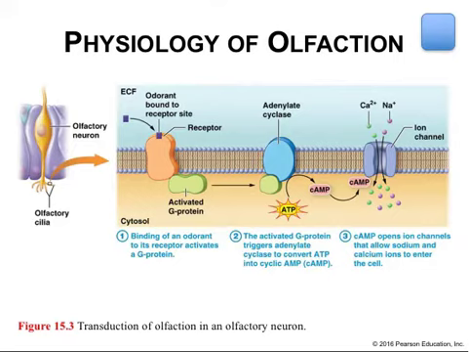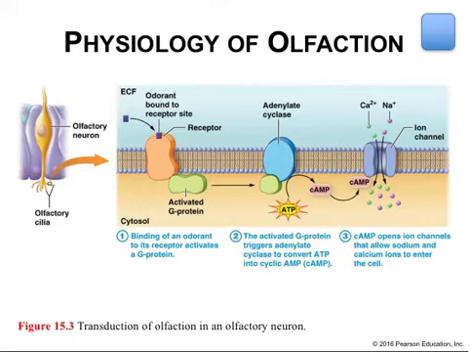Next, once the binding of the odorant to its receptor takes place, we activate G proteins. The activated G protein triggers the enzyme adenylate cyclase to convert ATP into cyclic AMP. The cyclic AMP opens the ion channels that allow the sodium and calcium ions to enter the cell.